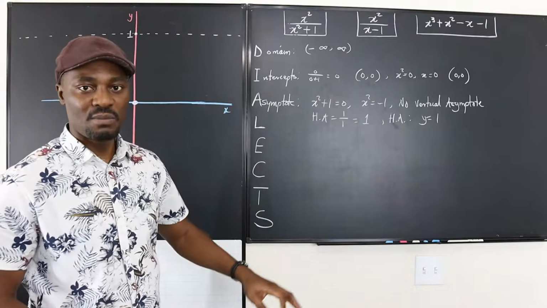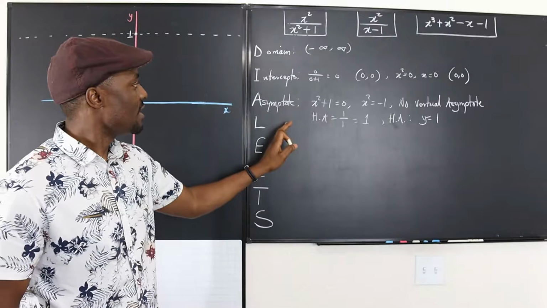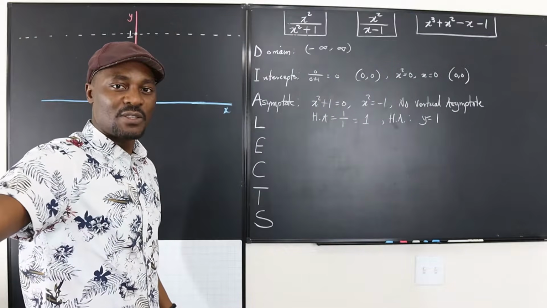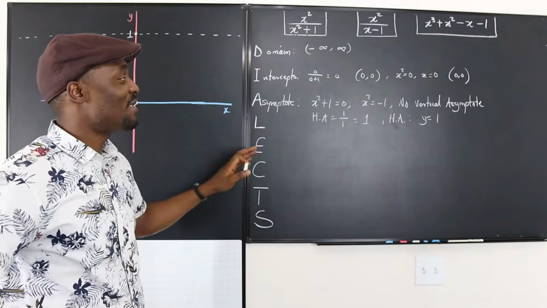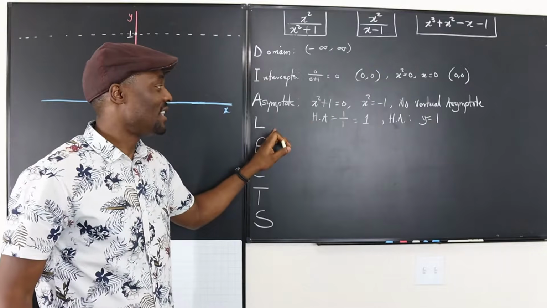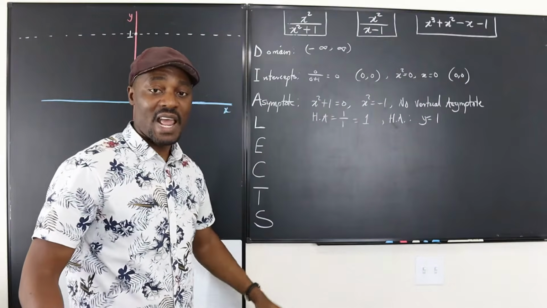I may have to erase the board so I can have enough space to do the limits calculation. Let's see how it will behave, and then you will see that it's relevant to what we just did. Sometimes you don't need to do this, you just need to take the limits and you can tell if there's an asymptote or not.